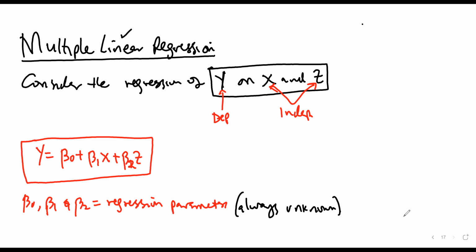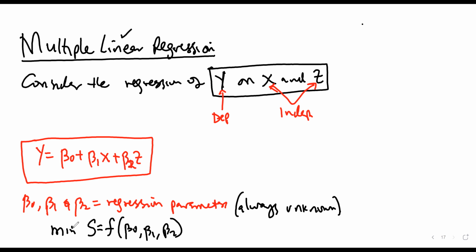Just like we saw, we need to minimize some sum of squares of errors. By so doing, we'll have some function, which I don't want to write explicitly, which will be a function of beta naught, beta 1, and beta 2. This is the function that we want to minimize.